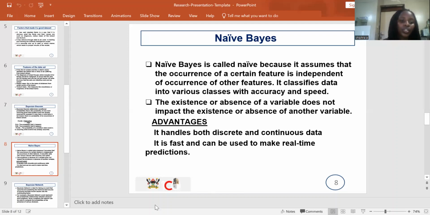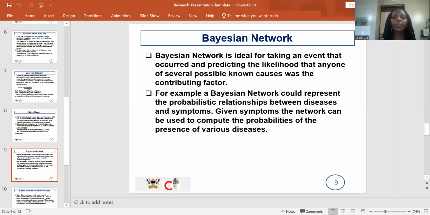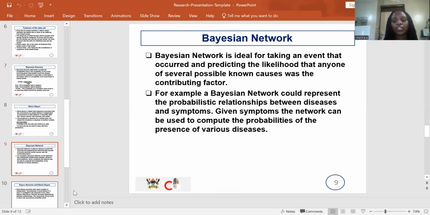So then we go to the Bayesian network. A Bayesian network is ideal for taking an event that occurred and predicting the likelihood that any one of several possible known causes was a contributing factor. For example, a Bayesian network could represent the probabilistic relationships between diseases and symptoms, that given these symptoms in a person, there is a probability of a certain disease.